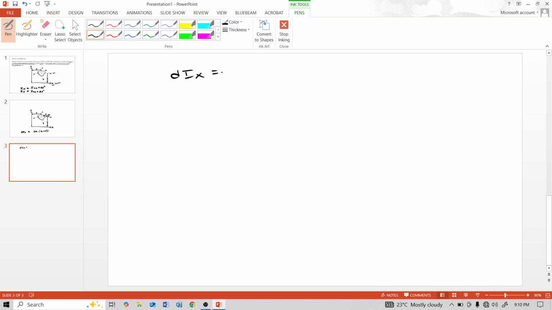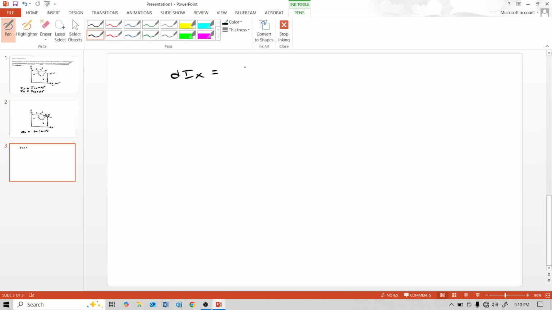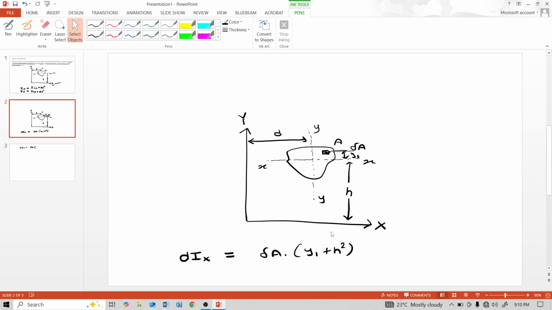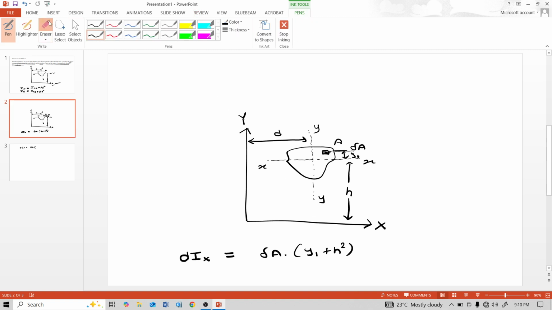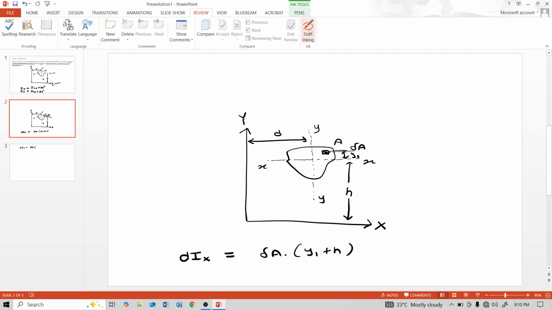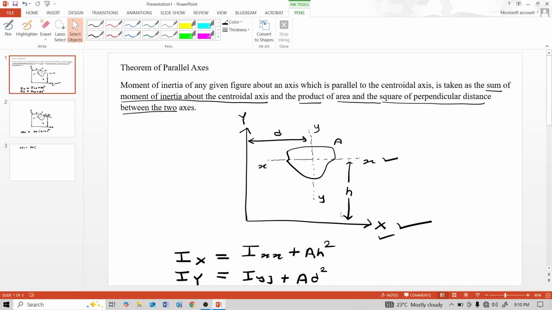Sorry, here not square of each, but y1 plus h whole square, because this h distance is also included in the square.